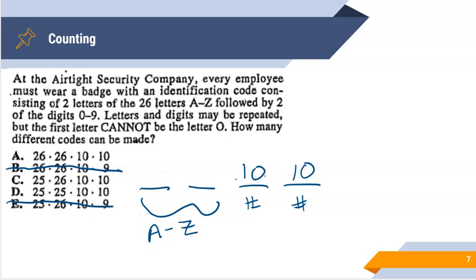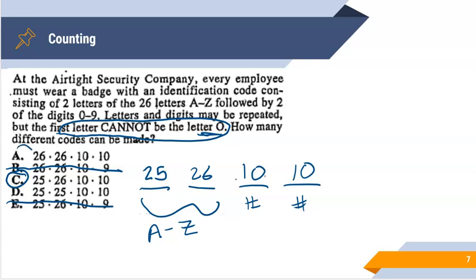What's weird is the first letter cannot be the letter O, right? So there's only 25 letters we can choose from the alphabet because we cannot use the letter O first. Now the second letter, in this case, can be any of the letters, right? And we can repeat these. So there's 26 choices there. So the answer is C.